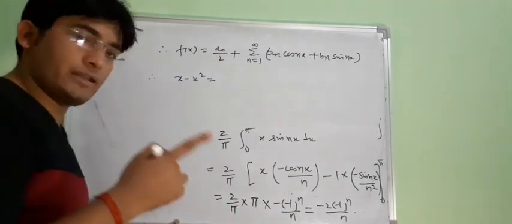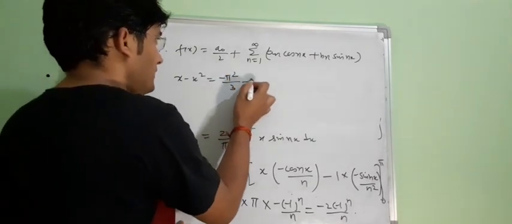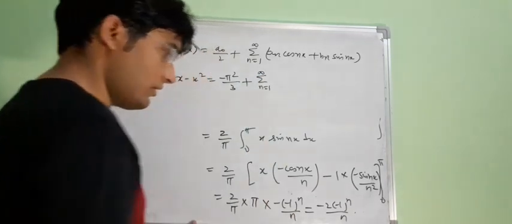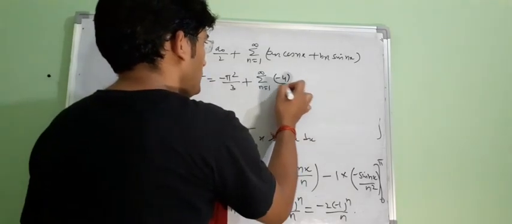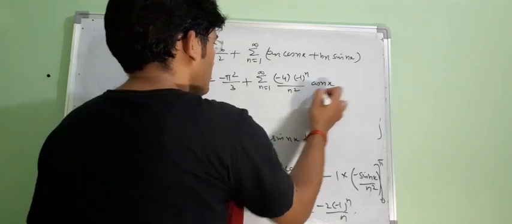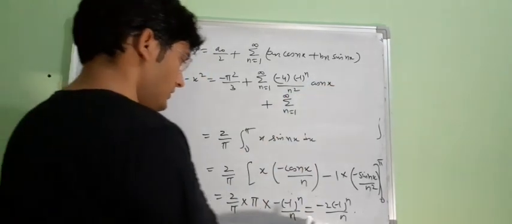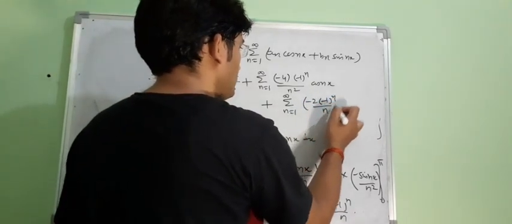Now a0 was −2π²/3, so this will be −π²/3. Now the sum from n equal to 1 to infinity, our an was −4(−1)ⁿ/n², and our bn is −2(−1)ⁿ/n times sin nx.